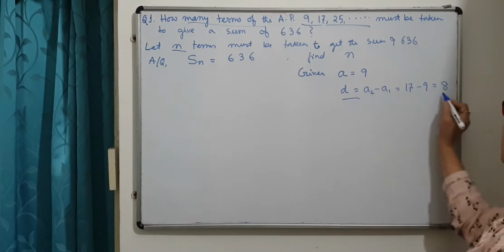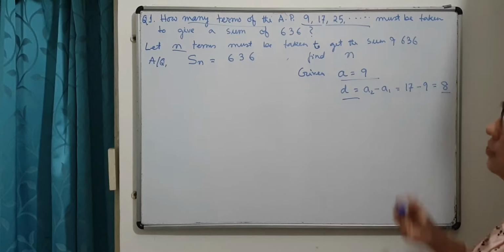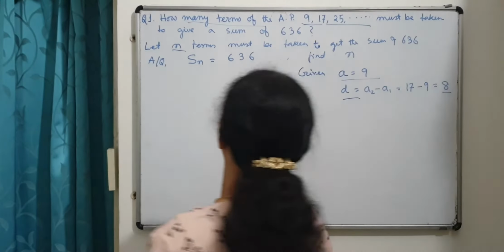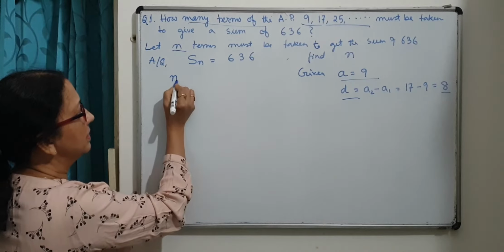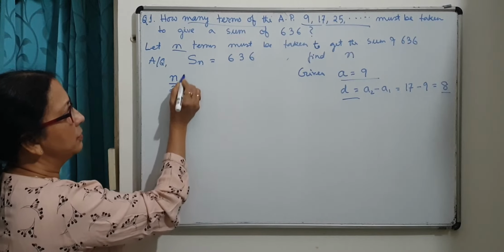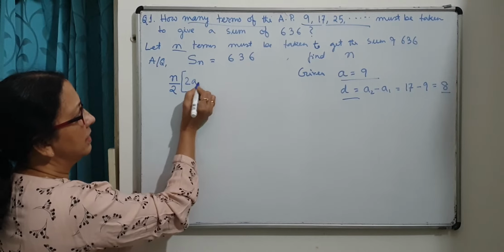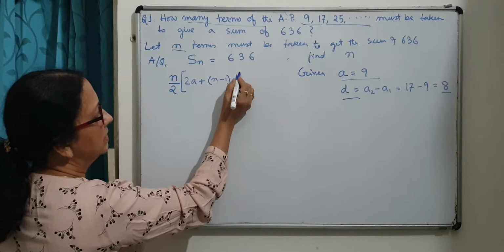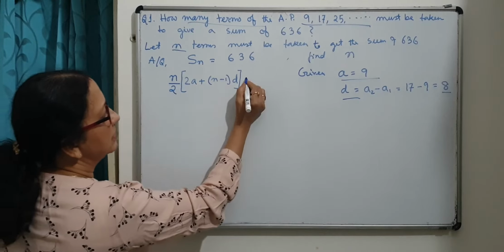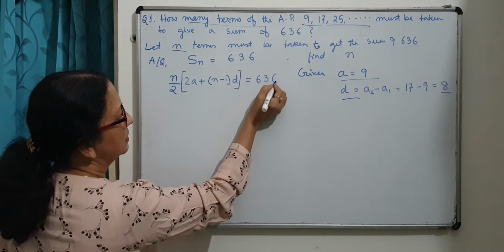So d is given and a is given, so we'll be using a formula where a and d are involved. The formula for Sn that we derived in the last video is n by 2 times (2a plus (n minus 1) into d). This formula we'll be using for Sn equal to 636.